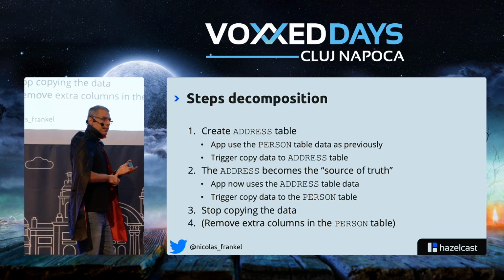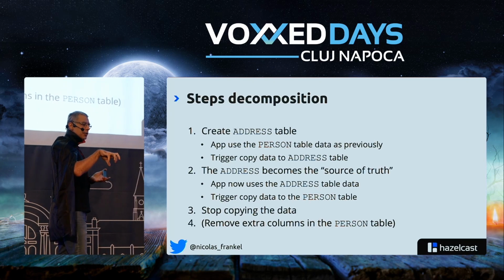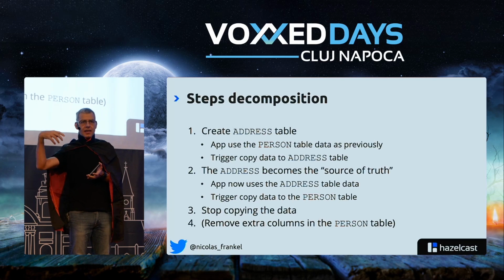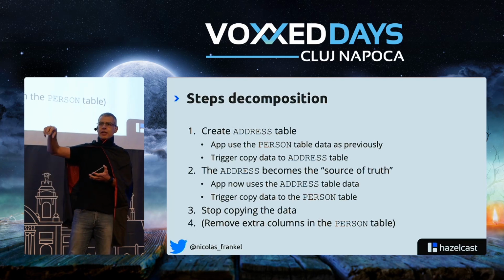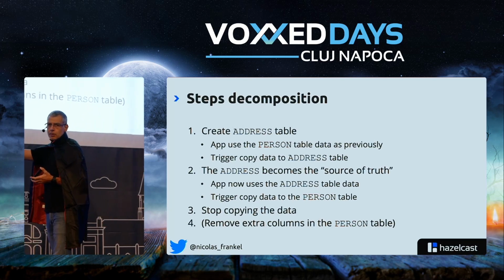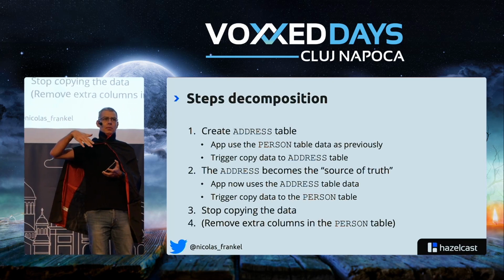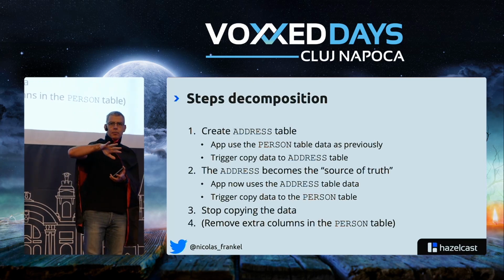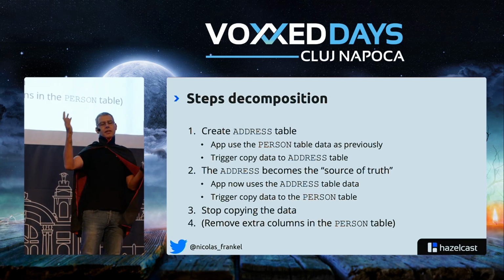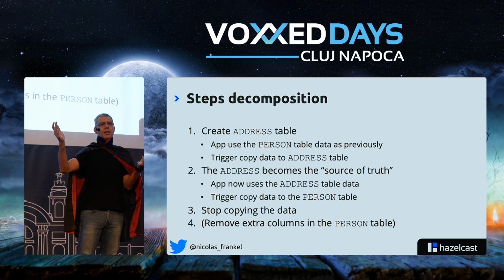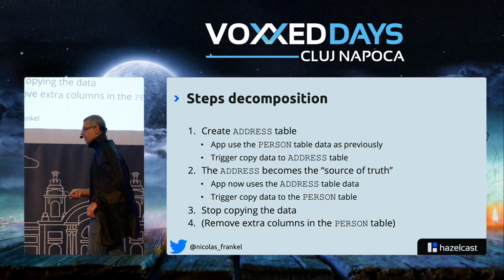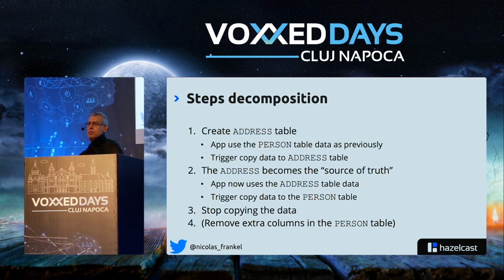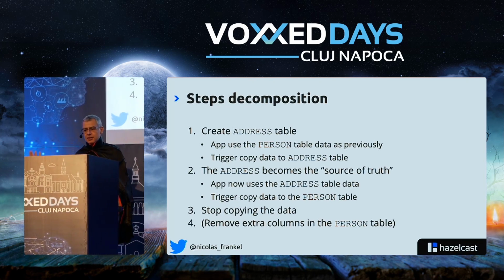The second step will be to set this new table as the source of truth, and again, replicate every change that happens on the address table to the person table. If we need to roll back, all the data will be in the person table. That's fine too. And then in the end, we can clean up everything, stop copying the data, remove the additional columns and stuff like that.